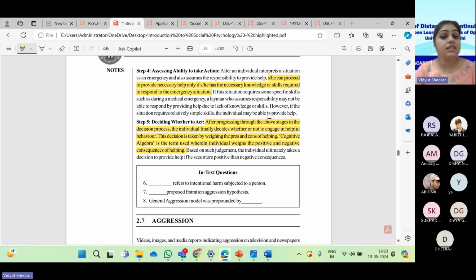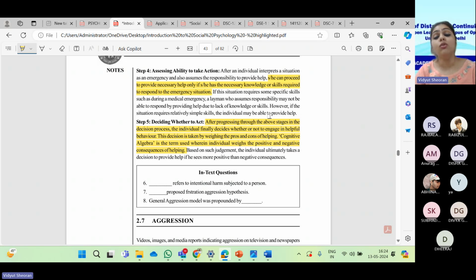So in case there is a specific medical emergency and medical help is required, we need to know that either we should be able to provide help or we need to know whom we can arrange to provide help. Where do we call an ambulance from, what number to dial, which doctor to call. Either we should know this, or we should know how to help on our own.